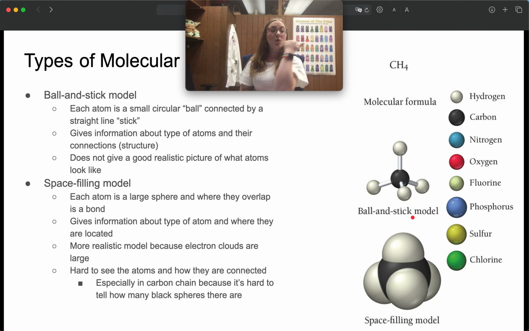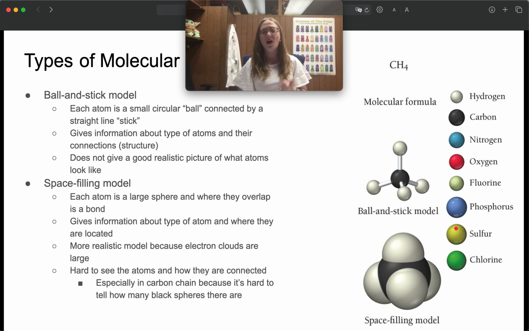It gives us really good information about the structure, so we can very easily see how those atoms are hooked together. It also gives us information about the number and type of atoms too, because in a ball and stick model, we're always going to have different colors that represent different atoms. You can find a little translation chart here of what those atoms are typically represented as.